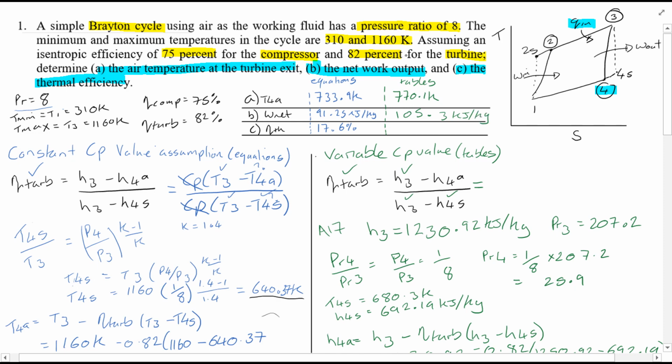Finally, we're asked to calculate the thermal efficiency of the system, which is equal to the net work out divided by Q in. Q in, of course, between points 2 and 3, so hence it's equal to the enthalpy value at 3 minus the enthalpy value at point 2.